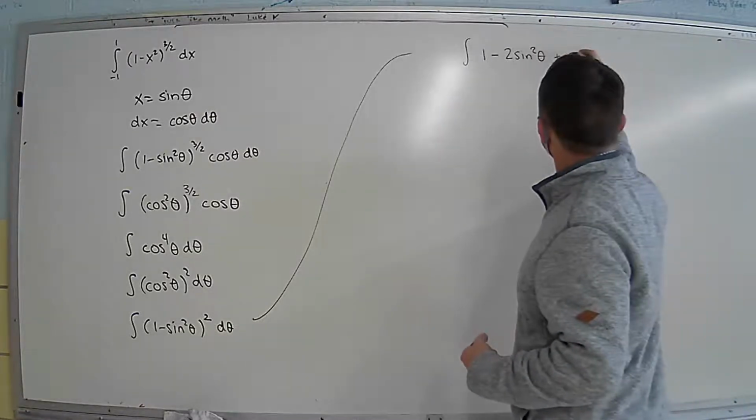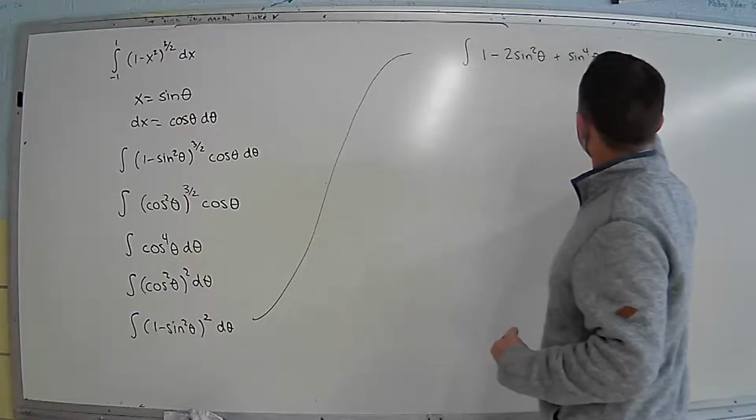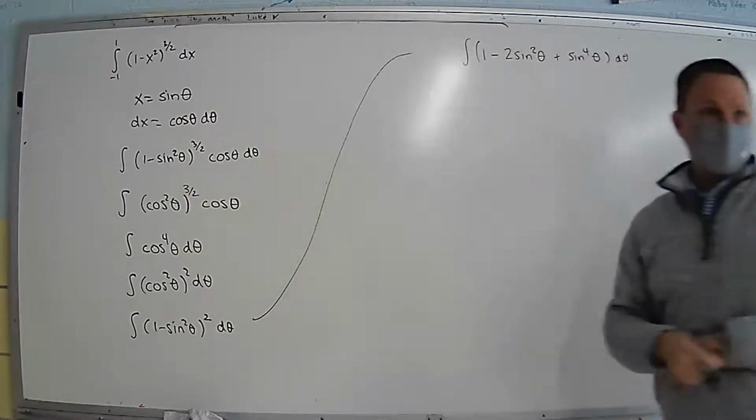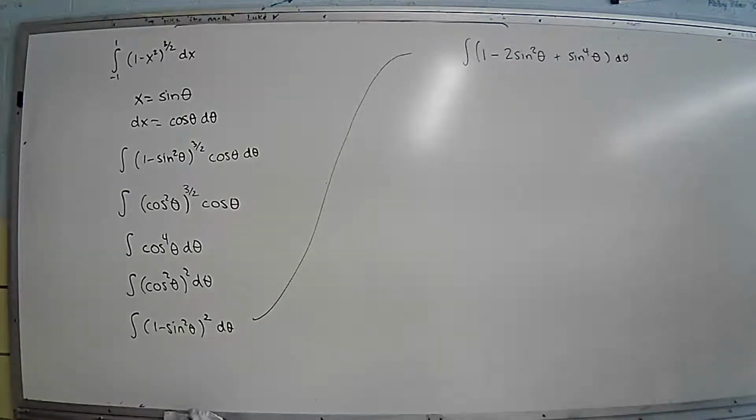Plus sine to the 4th theta. Agreed? Does that help me? No, there's still no cosine on that. Still no cosine on it.